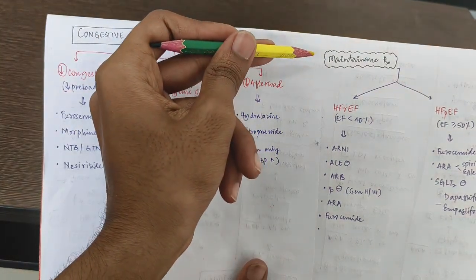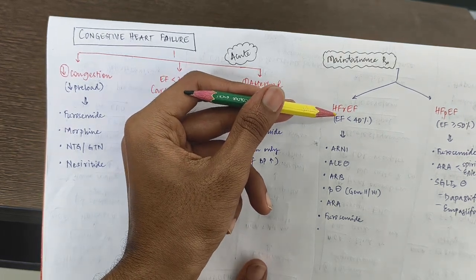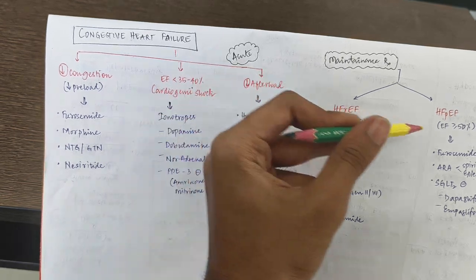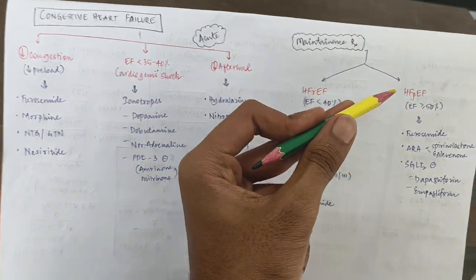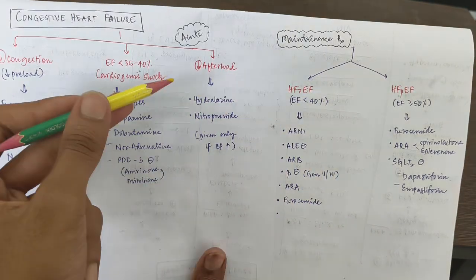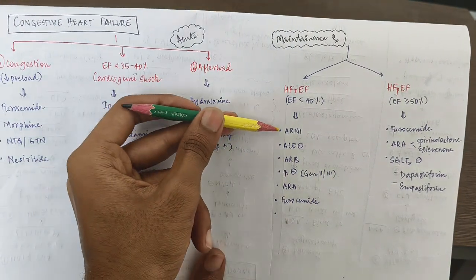The next is maintenance therapy. It is based on the echo findings with ejection fraction less than 40%. It's called heart failure with reduced ejection fraction. If the ejection fraction is more than or equal to 50%, it's called heart failure with preserved ejection fraction. So what are the drugs used in case of reduced ejection fraction? ARNI. What is ARNI?